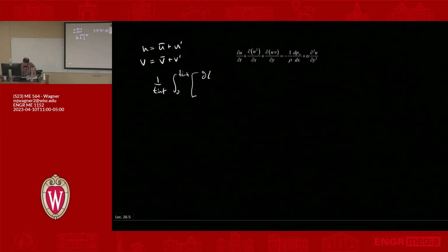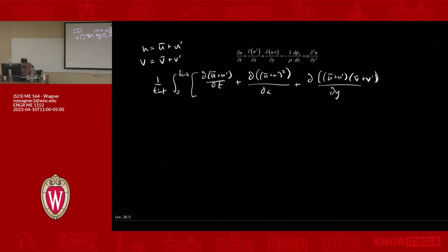It is partial of U bar plus U prime with respect to t, plus partial of the quantity U bar plus U prime squared with respect to x, plus the partial of the quantity U bar plus U prime times the quantity V bar plus V prime with respect to y.